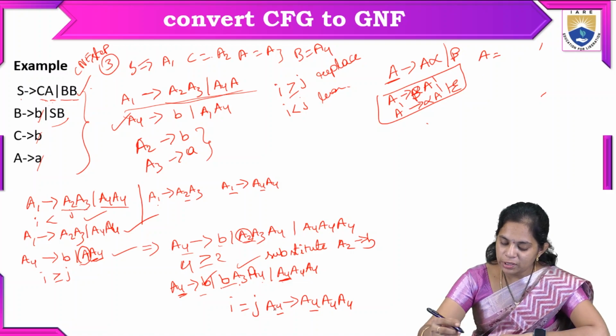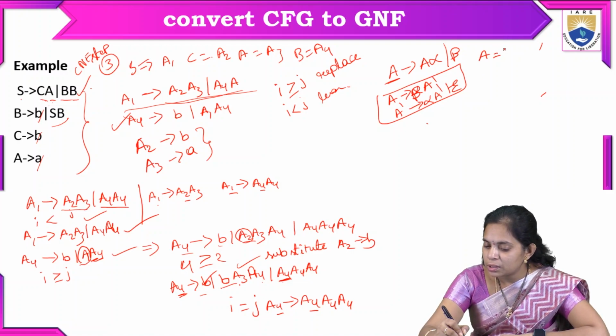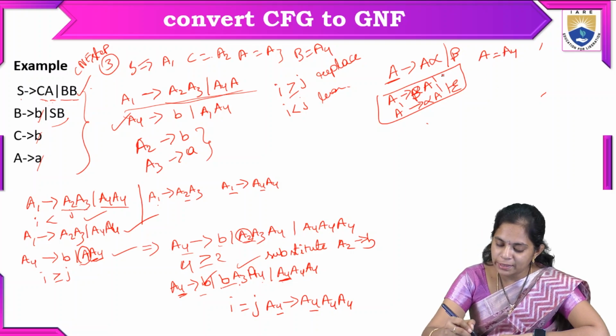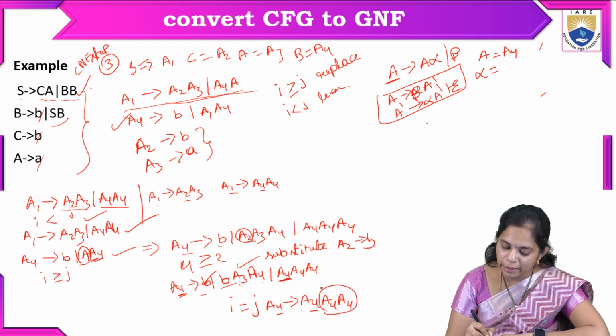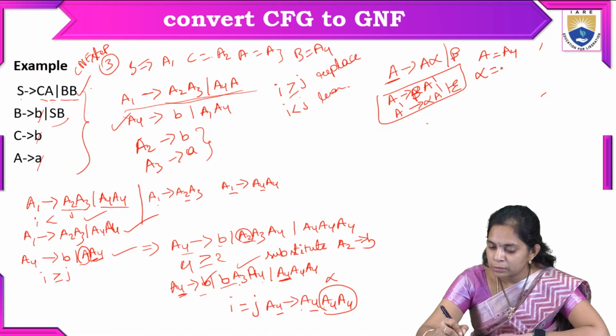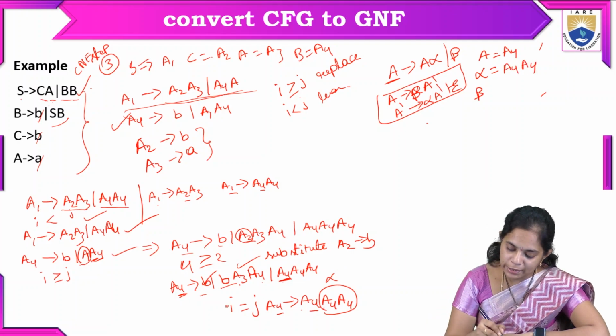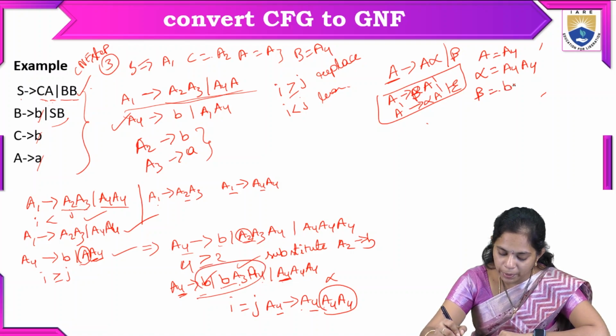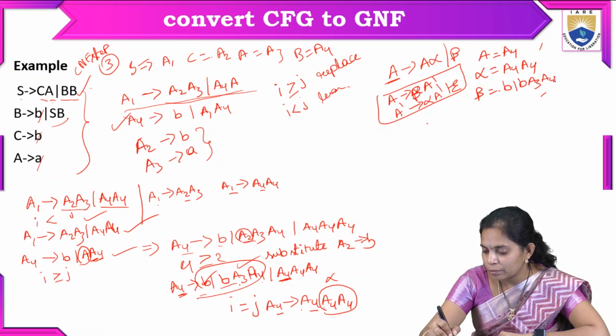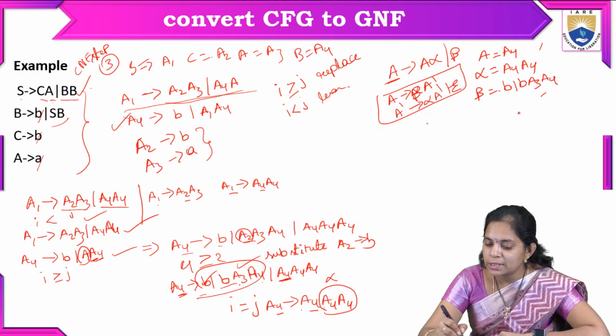So here A4 is equal to A, and alpha is equal to, it's a combination, A4 alpha. So A4 and beta. So beta is nothing but these are all the beta. Beta is equal to B slash A3 A4. So this is the beta.